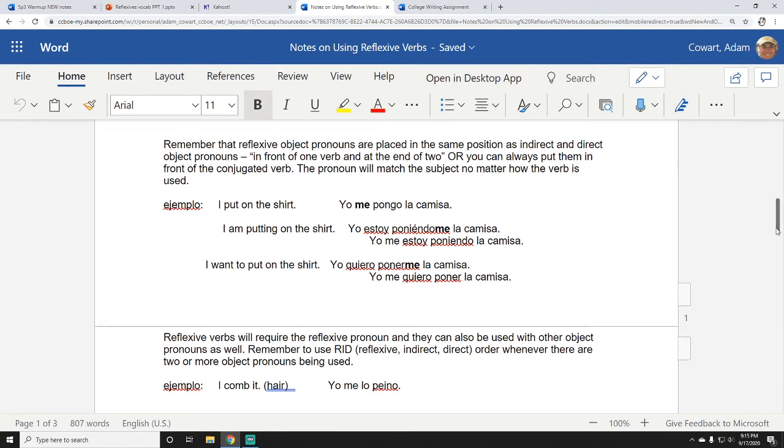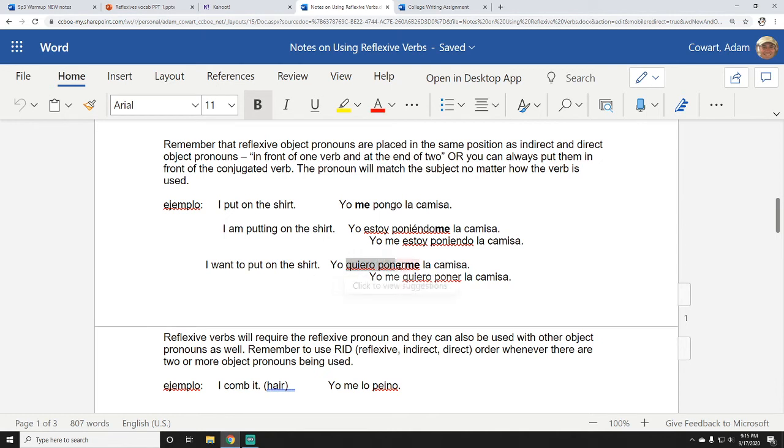Okay, now this, and watch yesterday's video if you want a more detailed explanation of this. But basically, when you have two verbs, there are two ways that you can write this. Okay, I want to put on the shirt. Quiero ponerme la camisa, or me quiero poner la camisa. Every word has a meaning. Quiero says I want. Poner says to put on. And then me is myself.